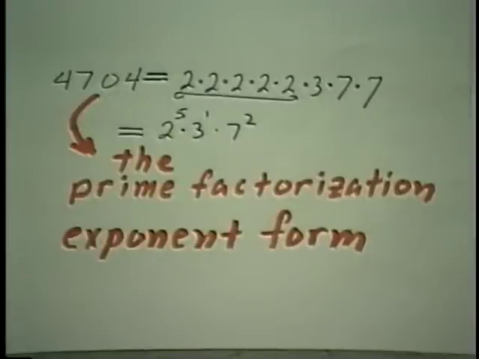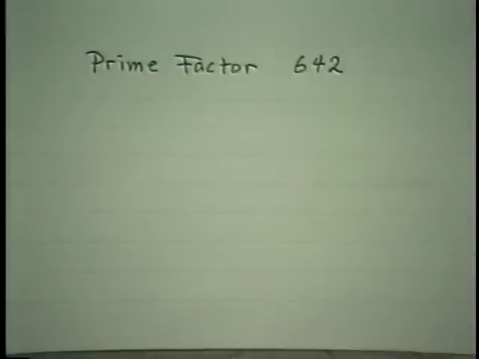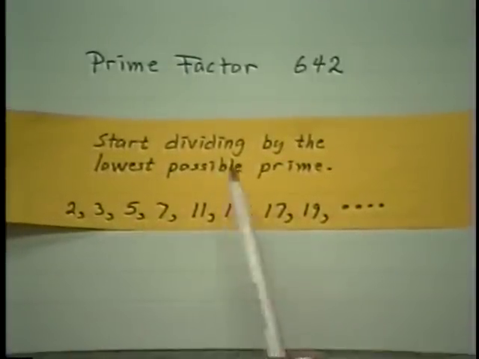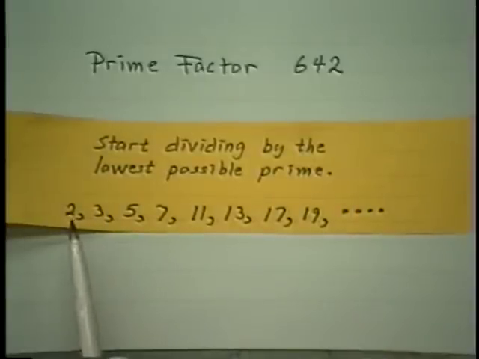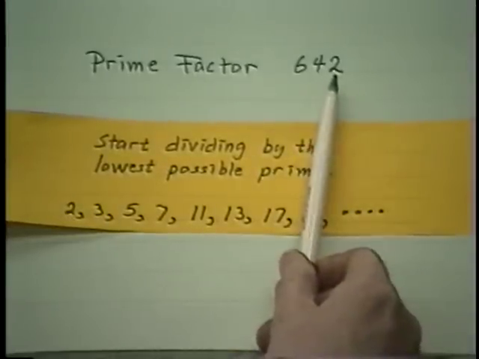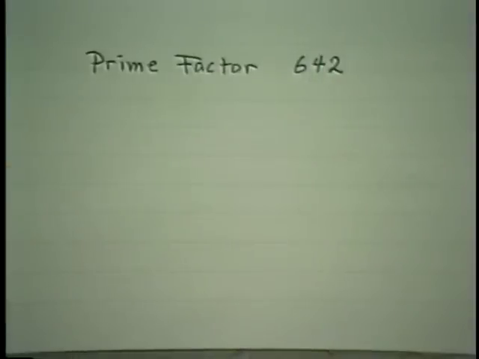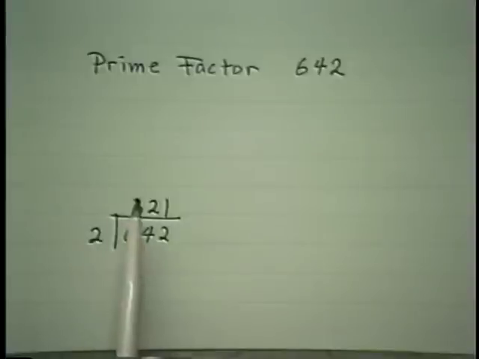Let's do one more problem smoothly to iron out any discomfort you might have from going too fast here. Let's try this problem. Now remember, our process is to start dividing by the lowest possible prime, which is 2. Since the ones digit is even, we know that 2 will divide it, so we begin that process. 2 goes in 321.